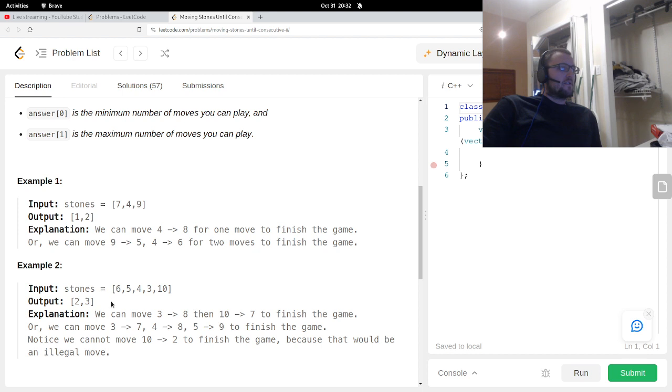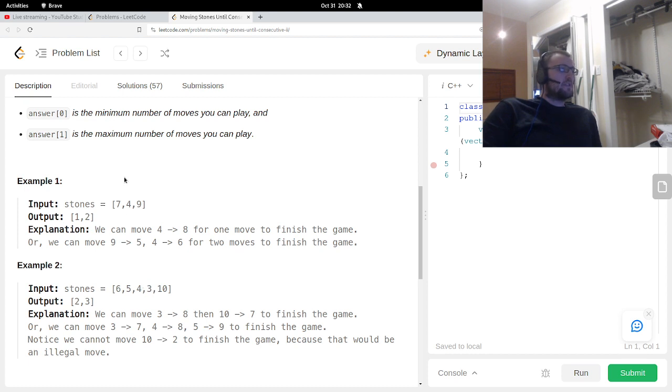Okay. 6, 5, 4, 3, and 10. So 3, 4, 5, 6, and 10. You can move 3 or 10. You can't move 10 because it's still an endpoint. So your only choice is to move 3.